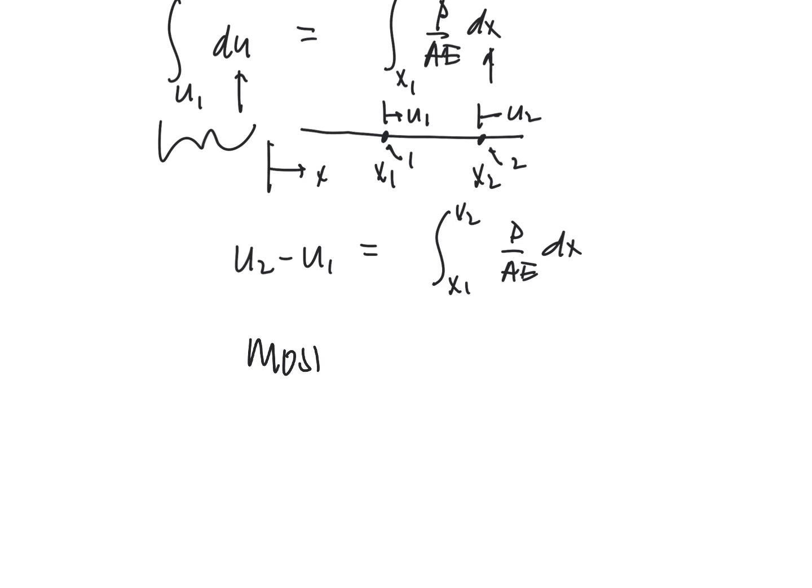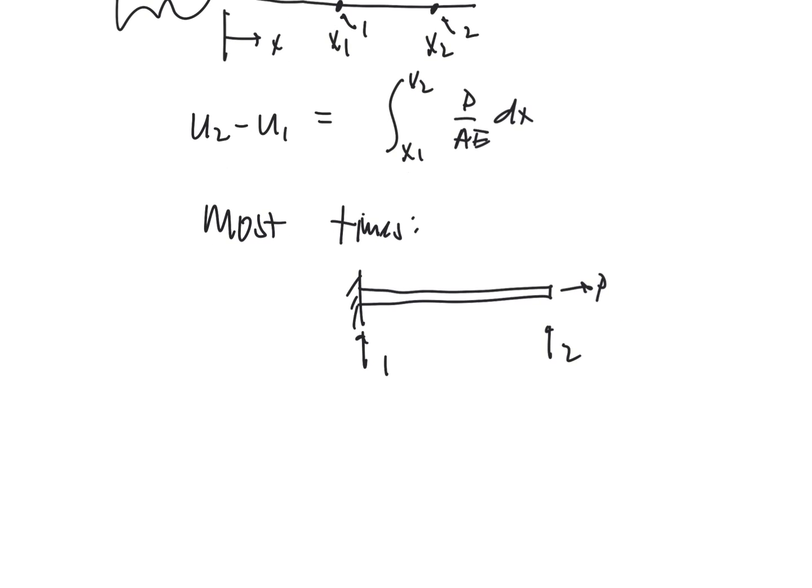So most times, if we've got a bar that looks like this, that is our point 1, that is our point 2. And the left-hand end of the bar doesn't move, so the u at 1 is equal to 0. And the u at 2 is equal to delta.